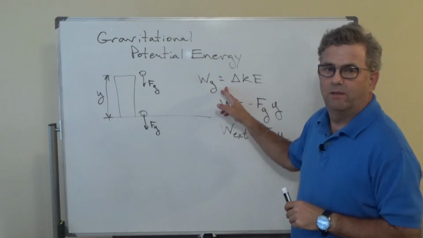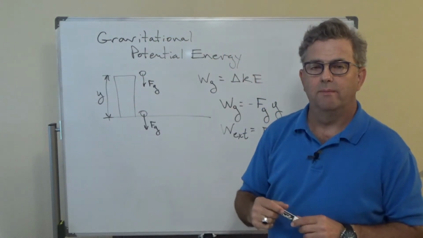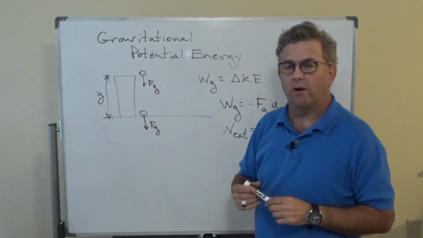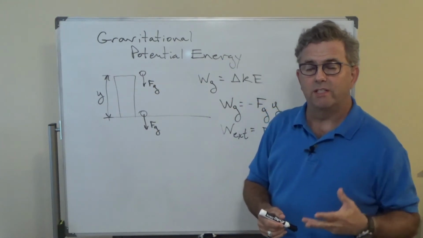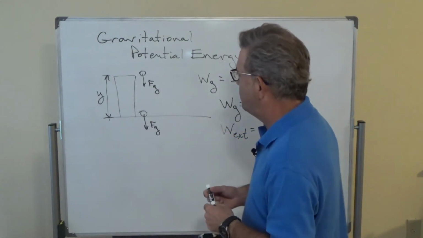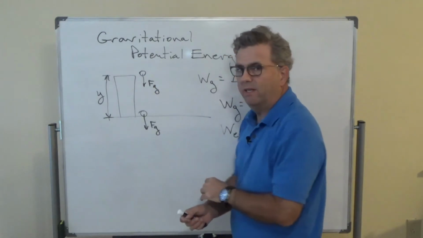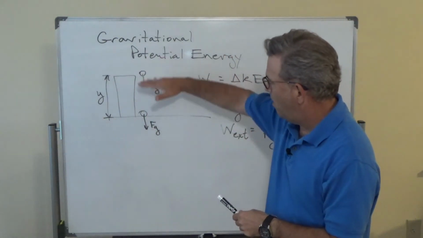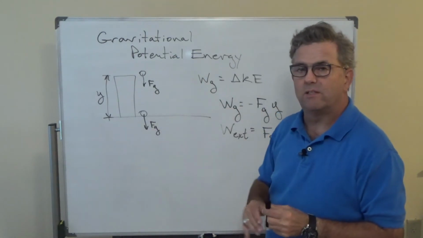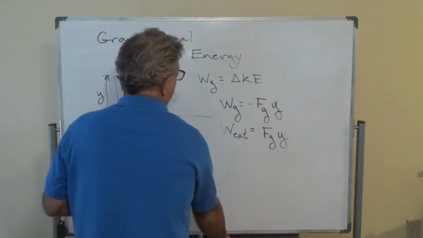Back to this. Now we release the object. Now gravity is doing a positive amount of work and actually increasing the object's kinetic energy. So forget about an external agent. Now there's just something holding it here, and we release it, and the object falls, and right just the instant before it hits the ground, it has some final kinetic energy.